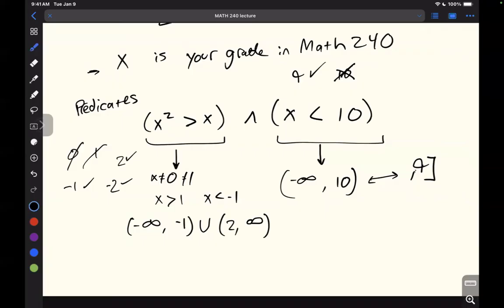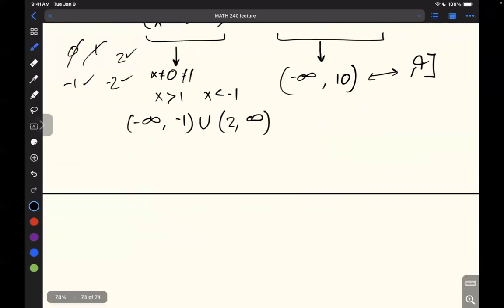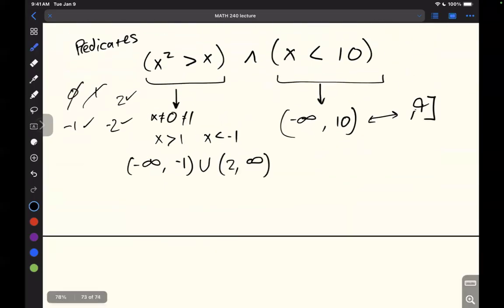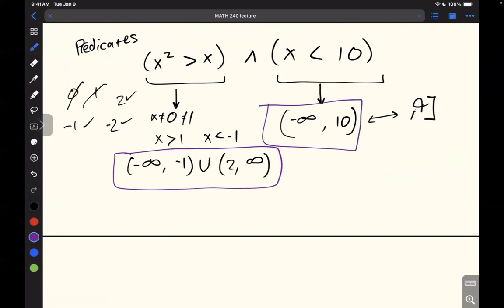So the book. All right, so the book has a nice tidy equation. Let's try and get there. So we've got two sets, and we want to find the set of integers under the conditions where both of these are true. So now we want to find the intersection of this set and that set.